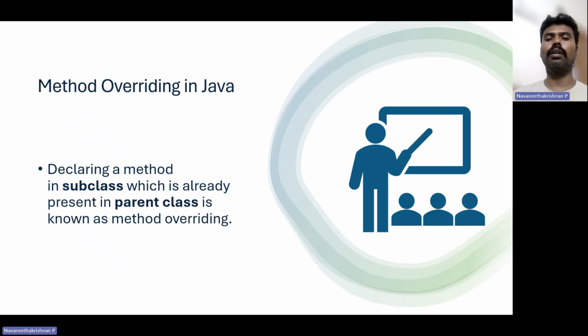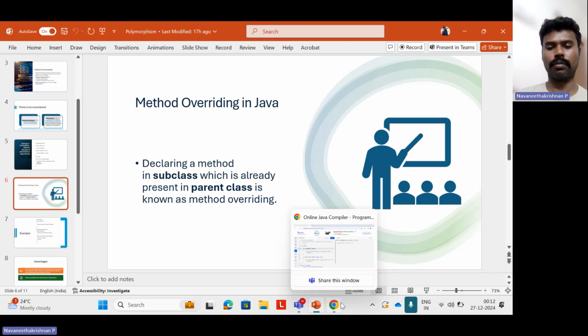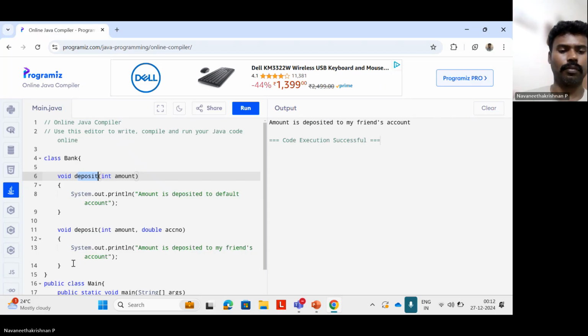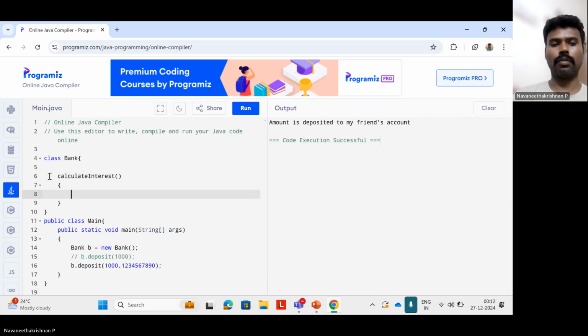Now let us try the same banking application and understand how overriding works. Calculating interest is a method. Say for a general account we have a balance.